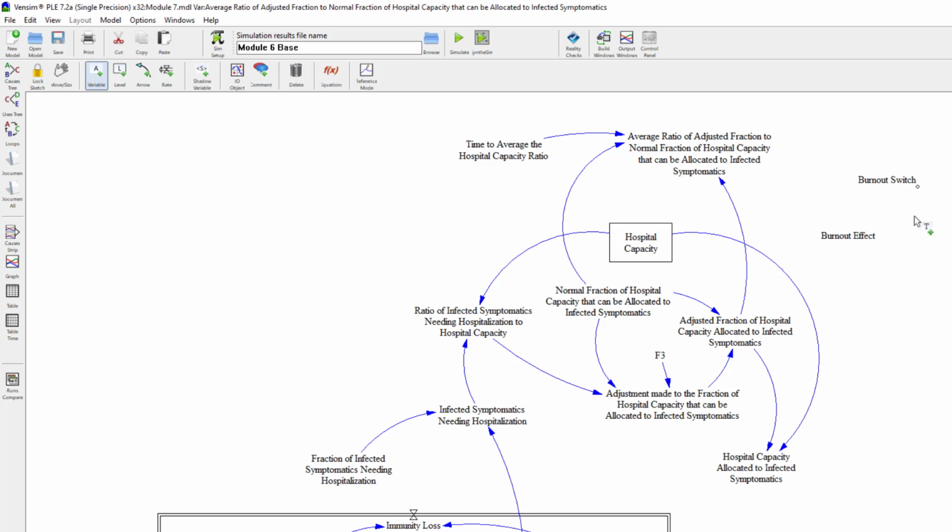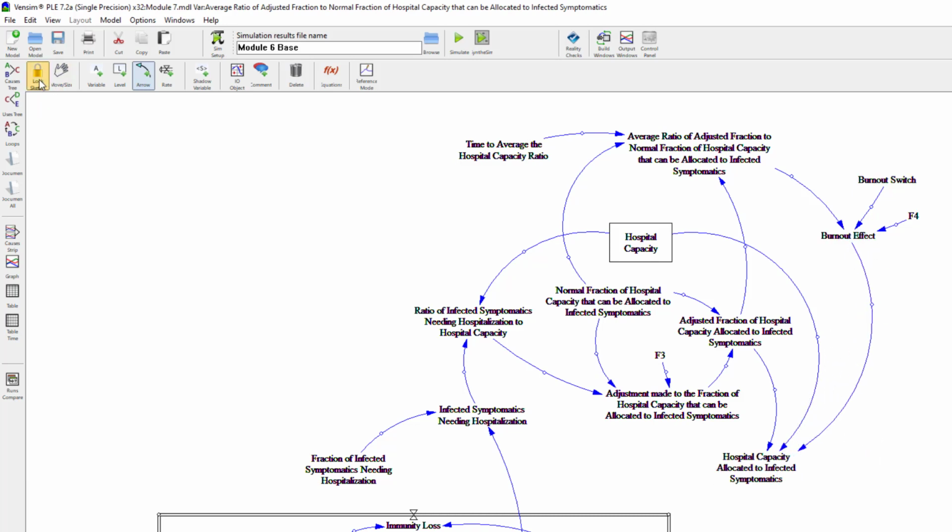The table function we're going to use will be F4. Burnout effect has an input coming from average ratio, and then it's going to use the table function F4, and we're going to incorporate the switch. That burnout effect is a multiplier that we're going to multiply to the hospital capacity. So that's the idea.